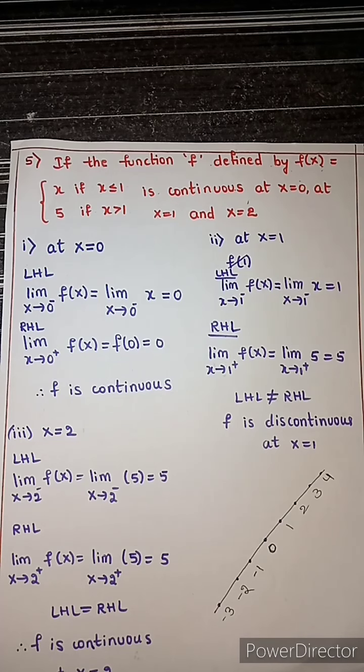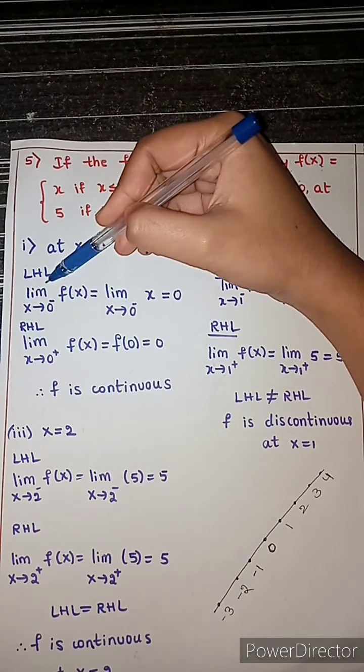Now here for the given function we need to check whether it is continuous or not at x equals 0, x equals 1 and x equals 2. First, let's check at x equals 0. If the LHL, left hand limit, is equal to the right hand limit, then f is continuous.